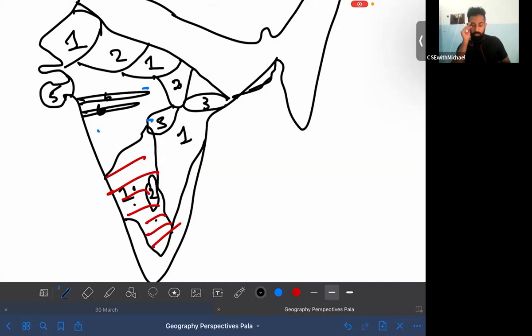Now the next one is zone 4, the Deccan Trap region. Deccan Trap is composed of impermeable basaltic rocks which are volcanic in origin, which are less porous.